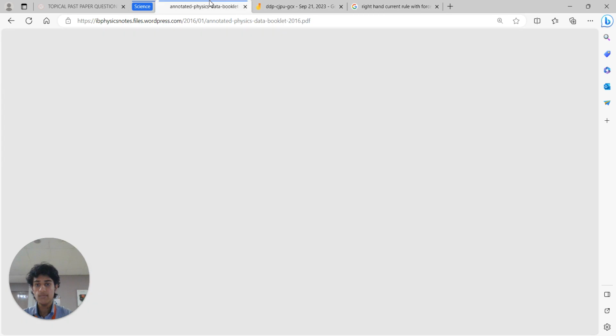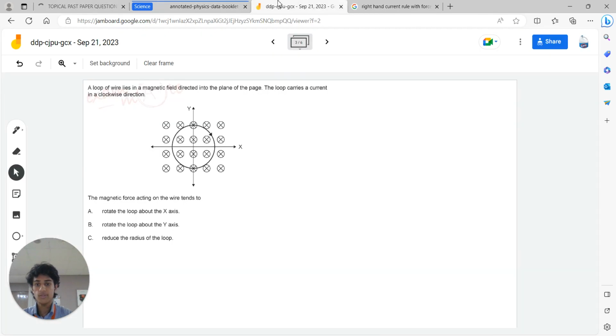In the question, the field is directed into the page. If you tilt your finger this way, you can see that your middle finger points into the page, and the direction of the magnetic force is pointing upwards.